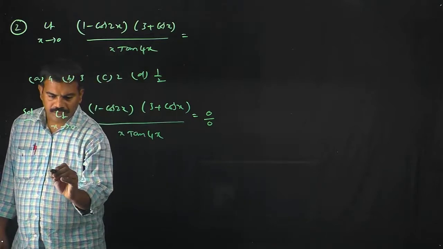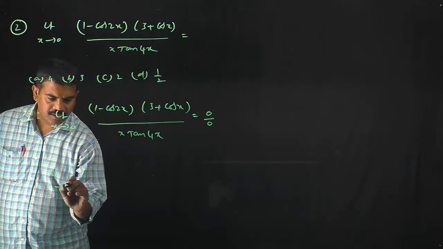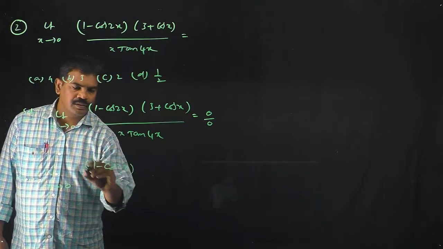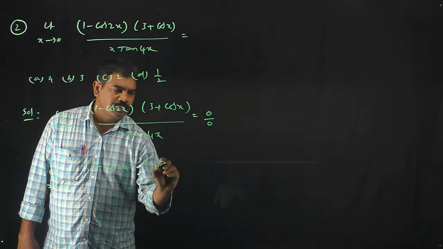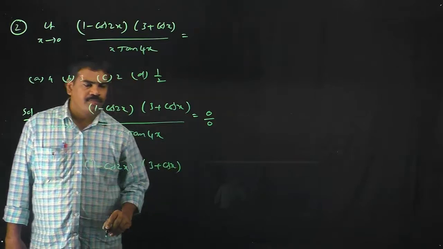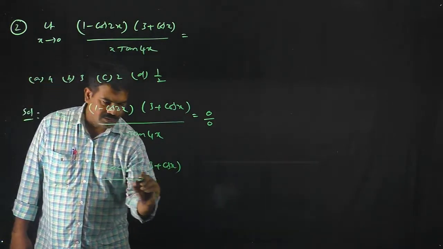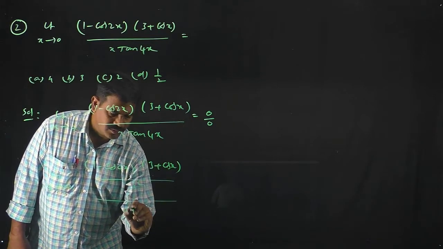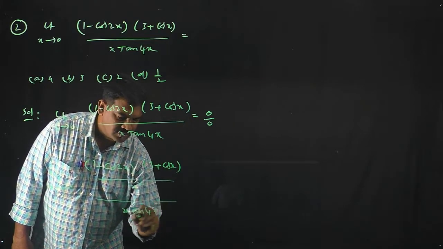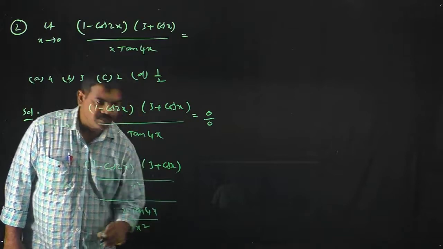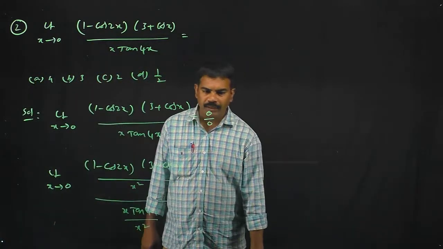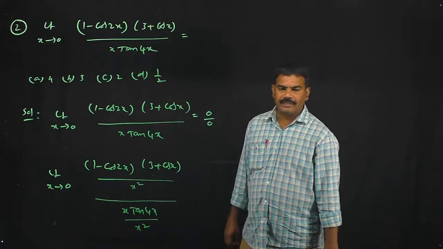That is, limit as x tends to 0 of (1 minus cos 2x) into (3 plus cos x) by x square, by x into tan 4x by x square. We divide both numerator and denominator by x square.